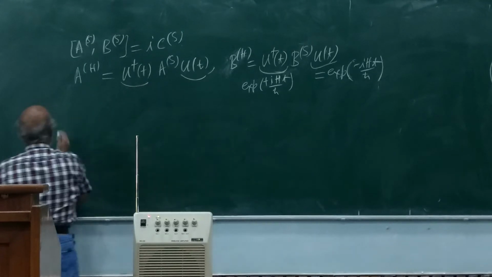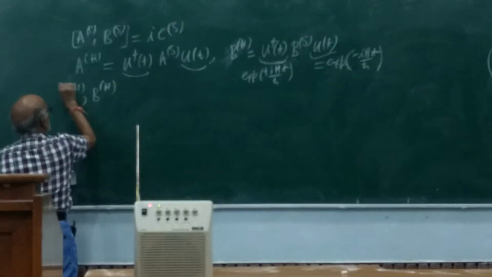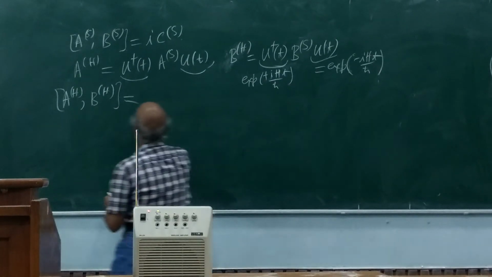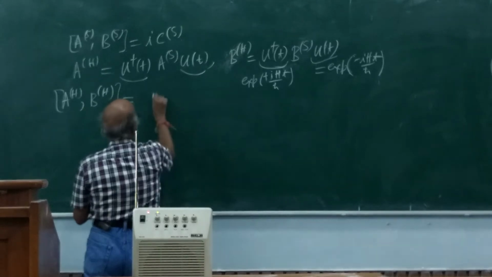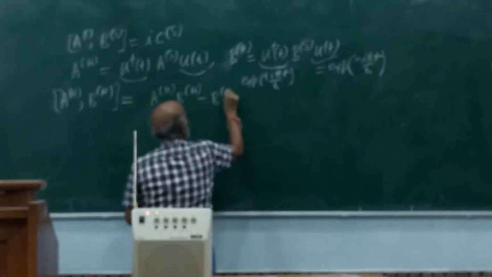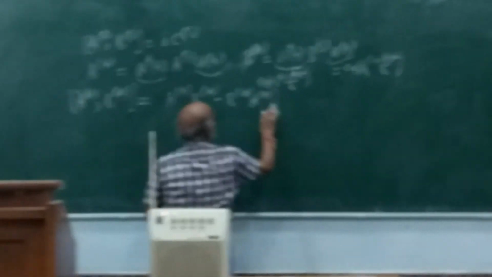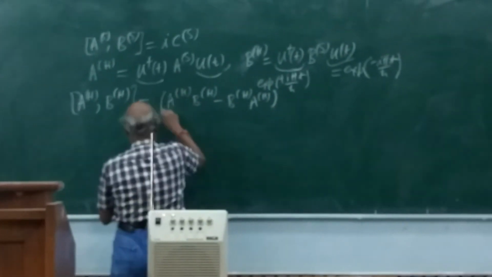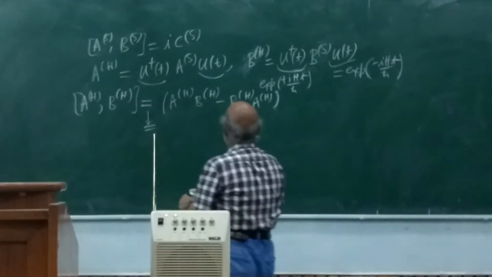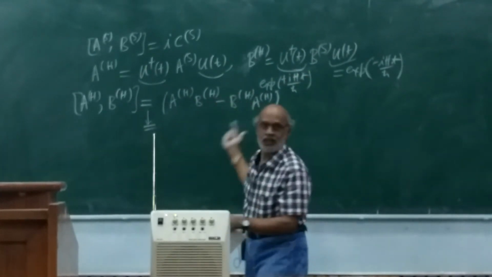Now, let me write down the commutation relation of these two operators, and what do I get? This is obviously A of S, B of S minus B of S, A of S. And now you can put these values for A of H, B of H here.